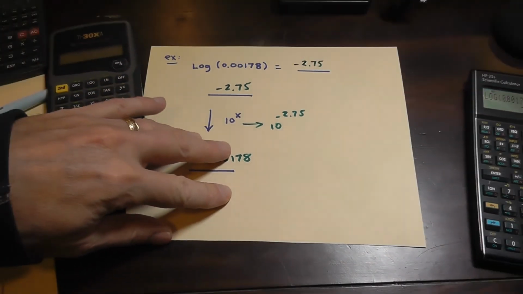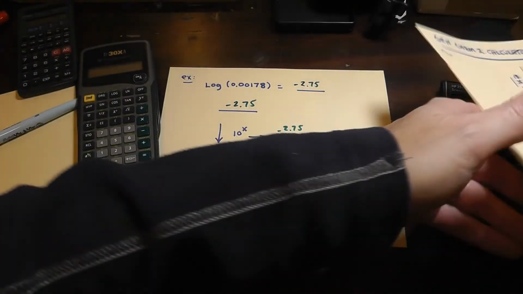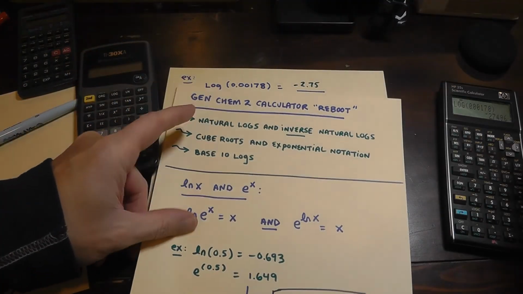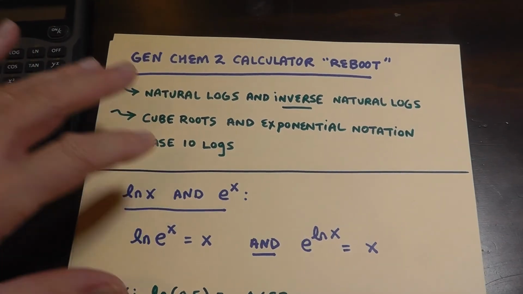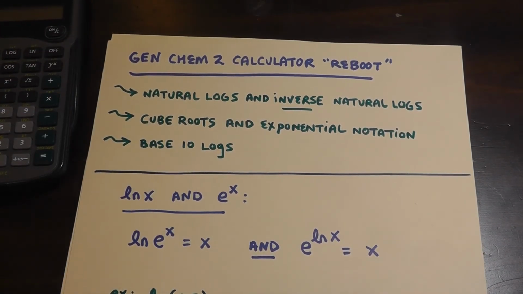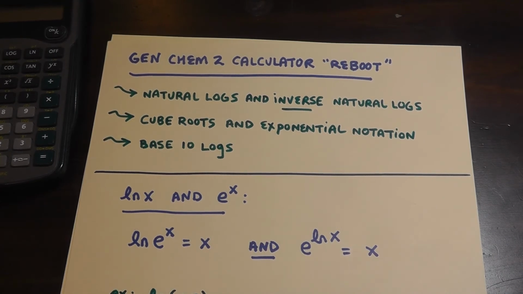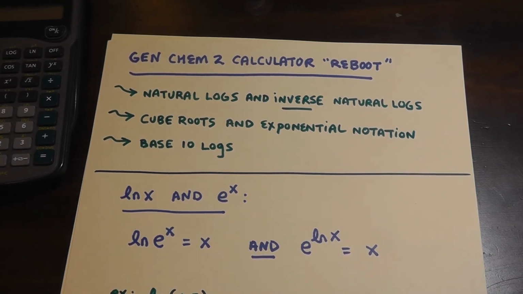So folks, that was a little bit of a refresher, because I do get into problems with people struggling with calculators, even as far as Gen Chem 2, which is a very numbers-oriented course. So hopefully that will set your bearings straight, and get to know your calculator again.